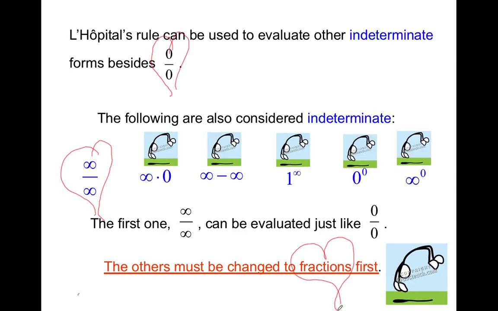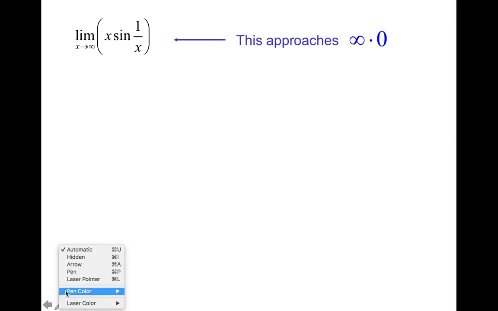So the next example I'm going to do, oh, there's my log. I don't know why my log is on a plate with legs, but that's what it is. So this example, the first thing you have to do is convince yourself that it approaches infinity times 0. So you have to recognize it's a product.